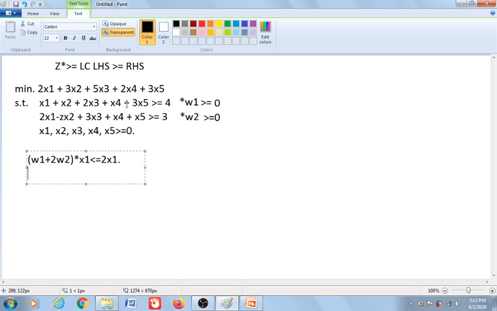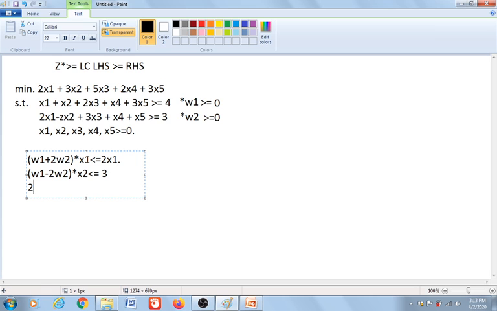Now for the second one, it should be w1 minus 2w2, everything multiplied by x2, less than or equal to 3.